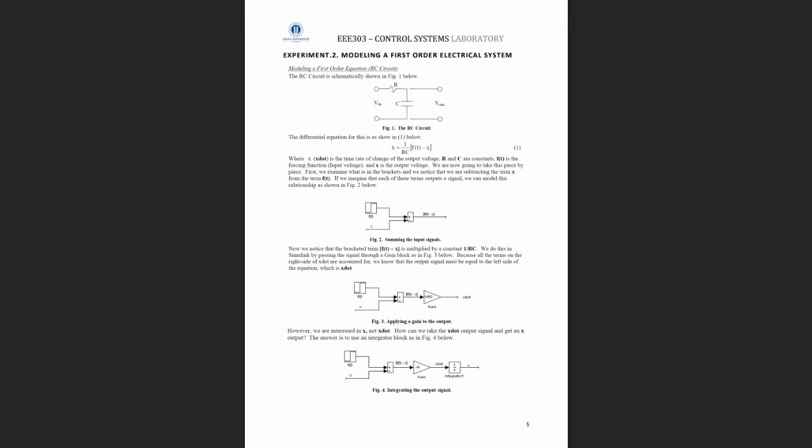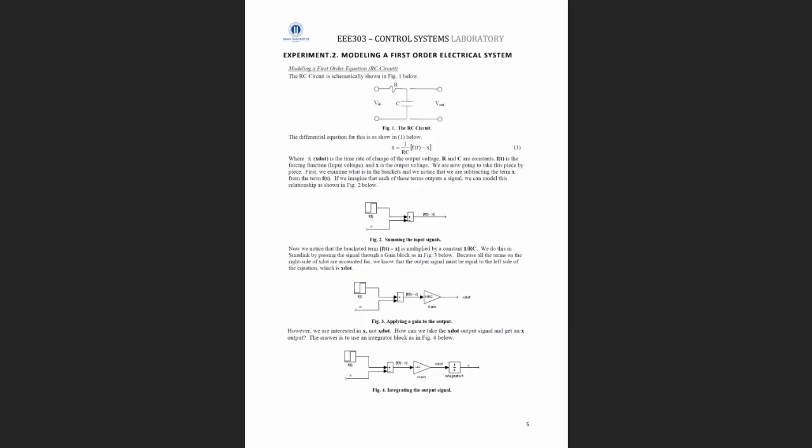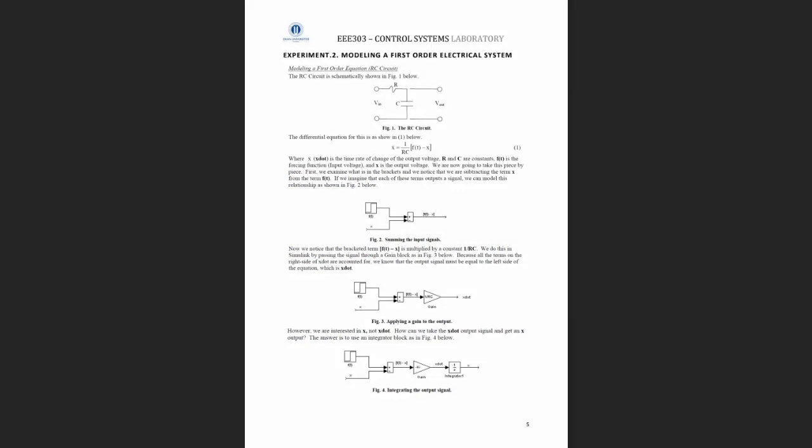We have a resistive load, capacitive load, input voltage, output voltage. So let's model this electrical circuit, all right? We have X dot equals 1 over RC times f(t) minus X, where X dot is the rate of change of the output voltage.